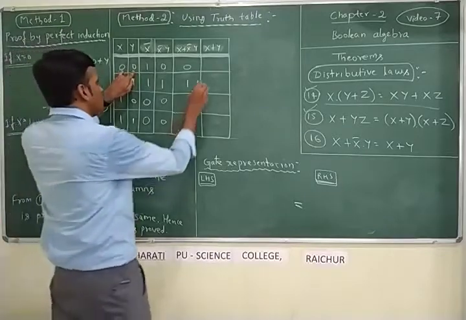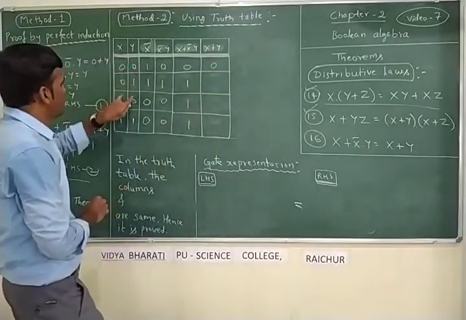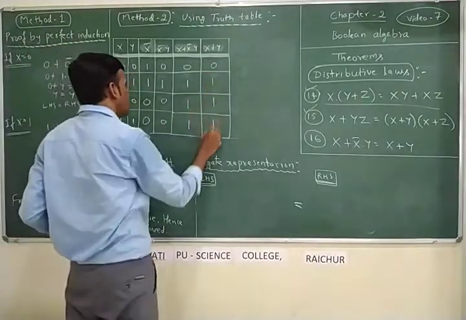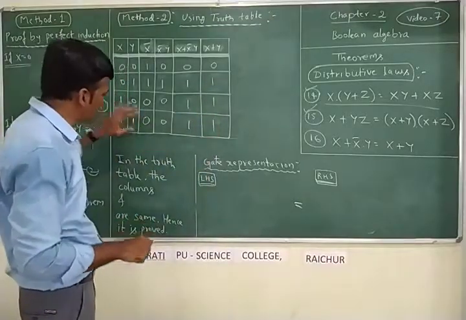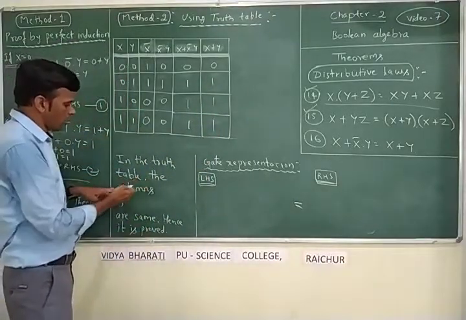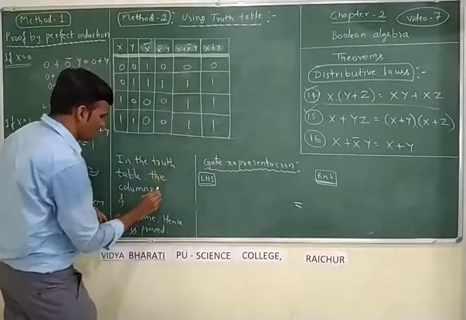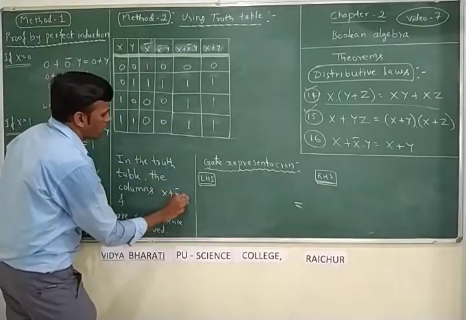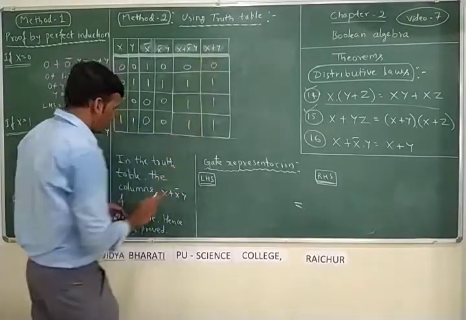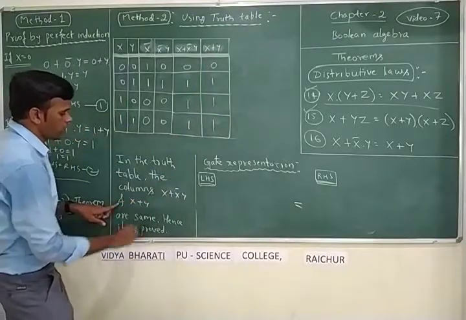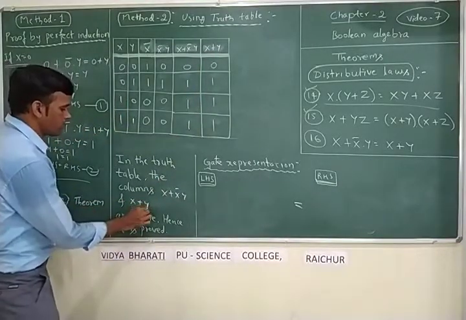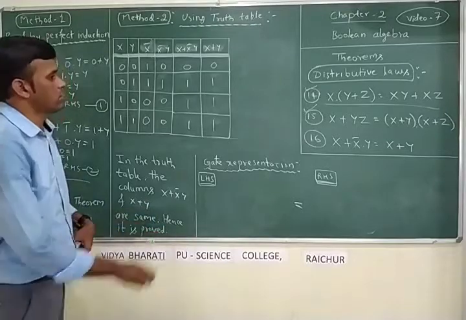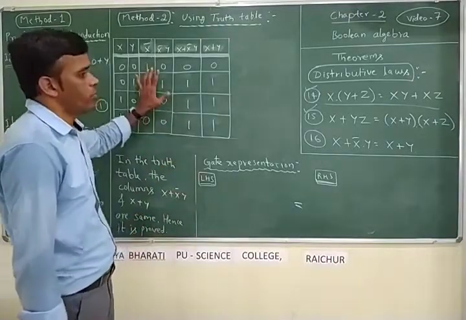So here both are 0, here it is going to be 0. In the remaining cases it is 1. So from the above table, this x plus x bar y and this x plus y are same. Hence this theorem is proved.